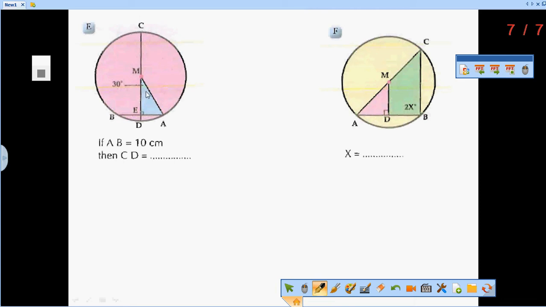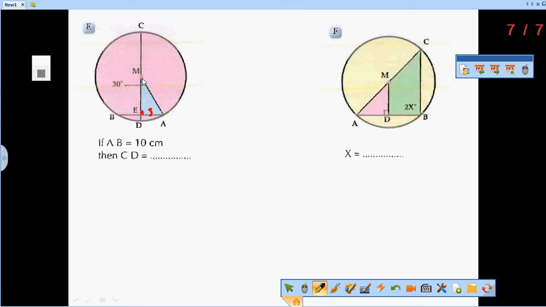Here we have 30, and we know that the length of AB is 10, and from the figure we see that ME is perpendicular. If ME is perpendicular, then E is the midpoint of AB. It means AE is equal to 5 centimeters. And we know that in a right angle triangle, if we have an angle whose measure equals 30, then the side opposite to this angle equals half the length of the hypotenuse.